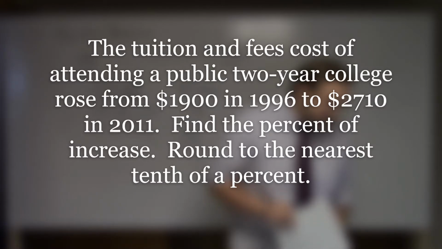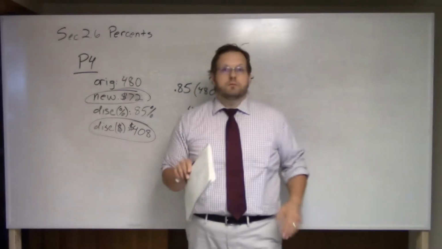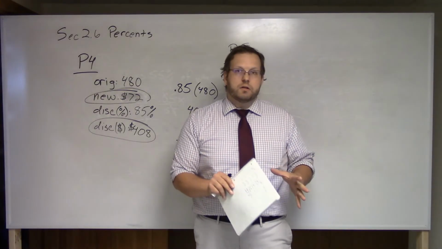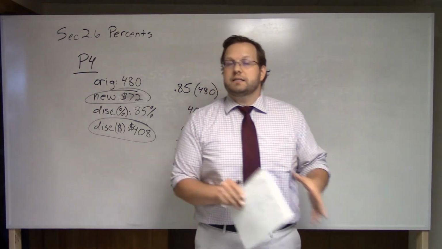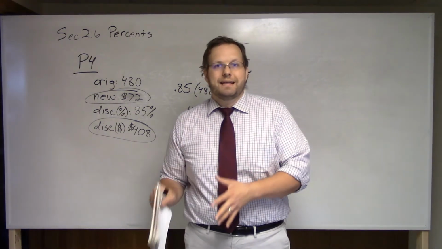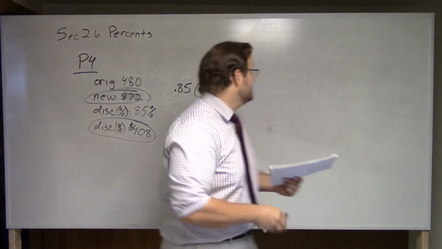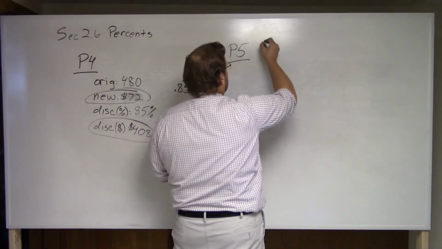Find the percent of increase. Round to the nearest tenth of a percent. Now, something I want you to always kind of gravitate toward is that phrase percent increase. It could also be percent decrease. That's the type of problem we're dealing with here.